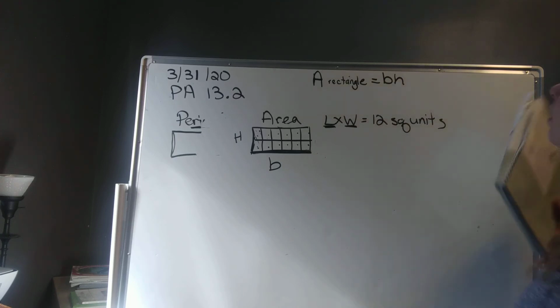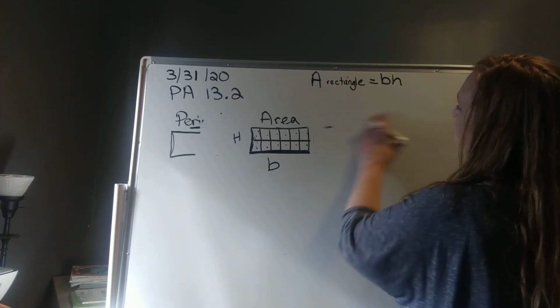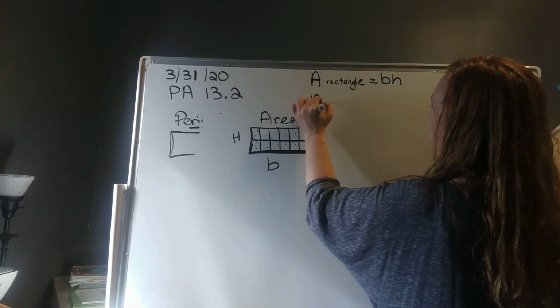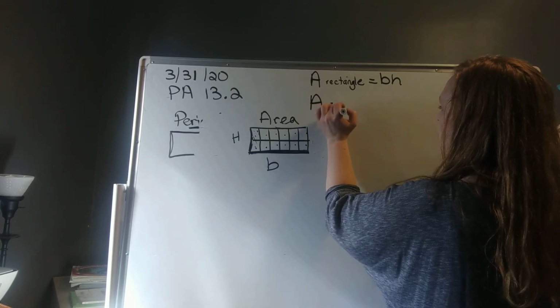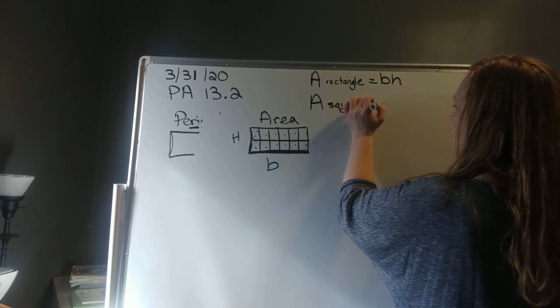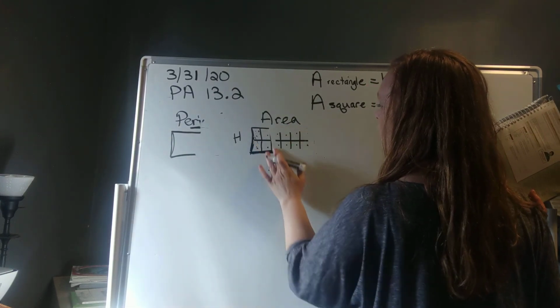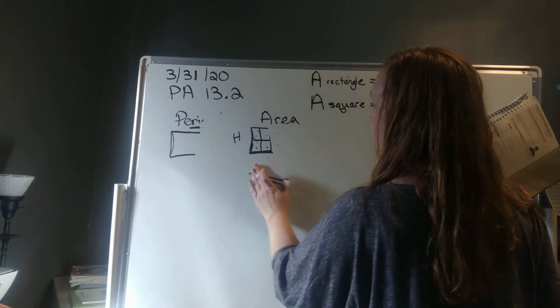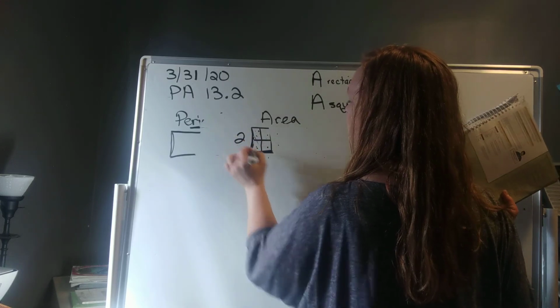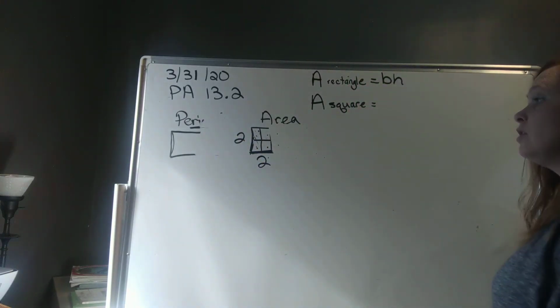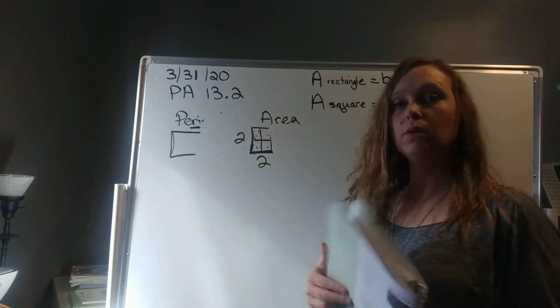Now the area of a square, if you'll remember, let me change this into a square. Remember, a square is the same distance on one side as it is on the other. So we could say 2 times 2 is 4.